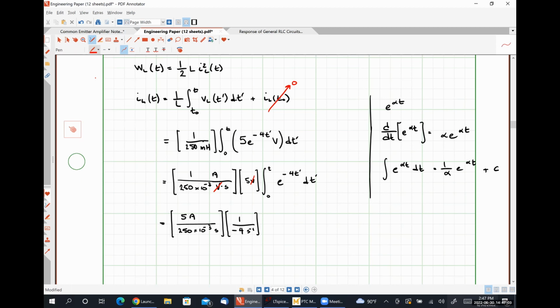Notice now that I have seconds in the denominator and per seconds in the denominator, so those units cancel each other out. And then I'm going to have e to the minus 4t prime evaluated at 0 and t.